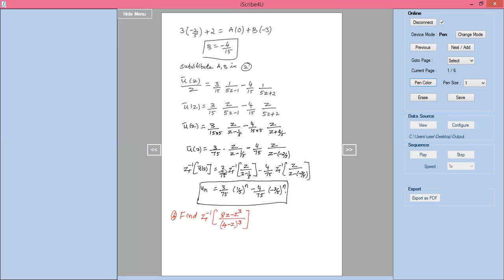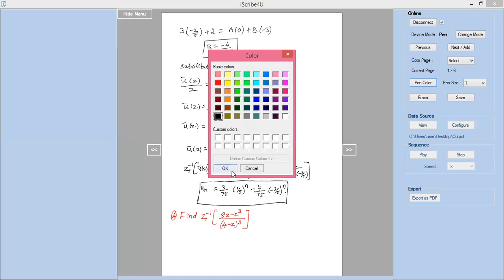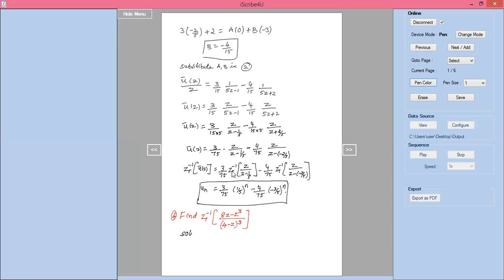How do you write this one? We'll take it in the form of the solution. The solution is u bar of z equal to 8z minus z cube divided by 4 minus z whole cube.